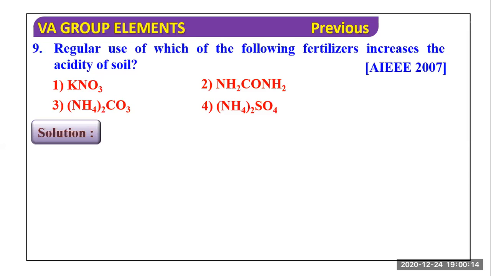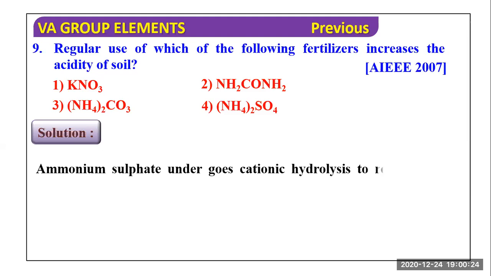Sulfuric acid is a strong acid. So ammonium sulfate undergoes cationic hydrolysis to release H+ ions, and hence it increases the acidity of the soil. So this is the answer.